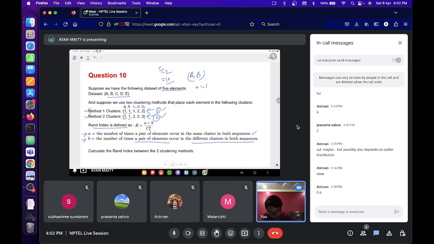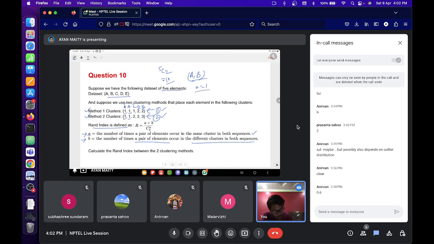AC is 1 1 in the first method but 1 and 2 in the second method. Similarly AD is 1 2 in the first method, so these two are already different. And DE, both are 2 in the first method but not the same in the second method. So AB is the only pair coming under the value of A. So A is 1.